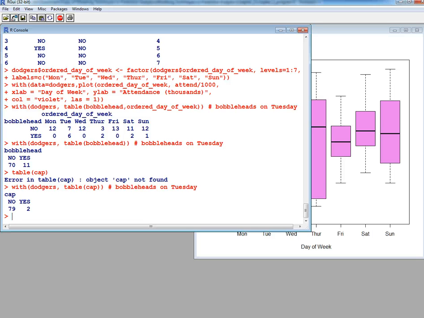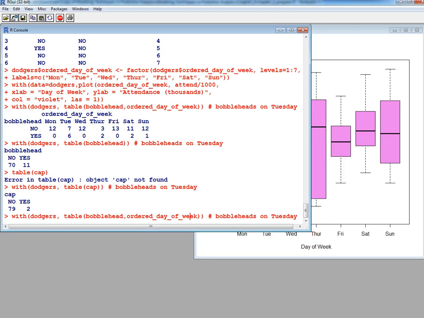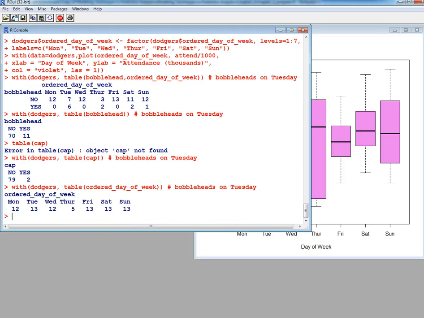How about, let's do day of the week. How many categories are there for ordered day of the week? 7. So it gives me a count for each one. Okay, is this clear? It's counting.